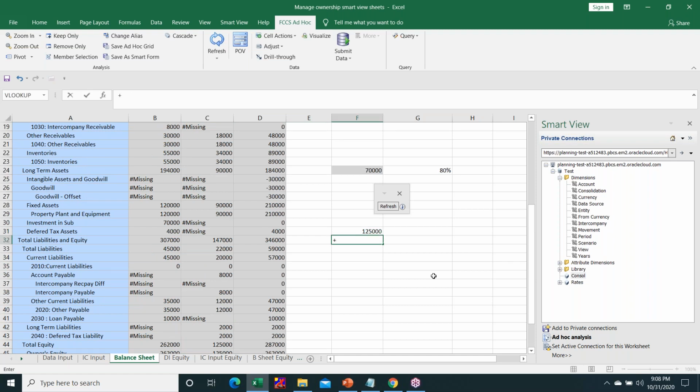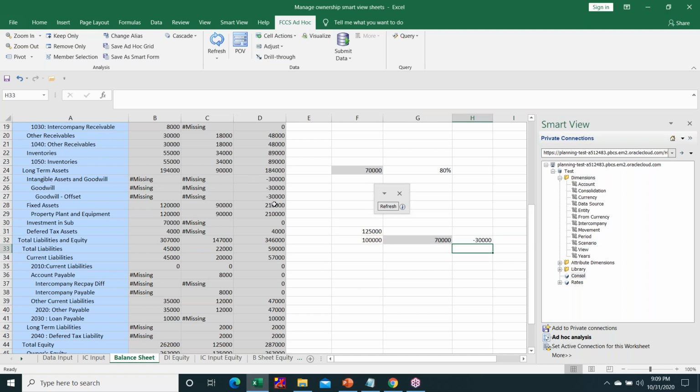Now, if I calculate 80% of the net asset, the number is coming to 1 lakh. So we have acquired the net asset of 1 lakh, but we have paid only 70,000 for the acquisition. So that's why the goodwill number is coming into the negative.